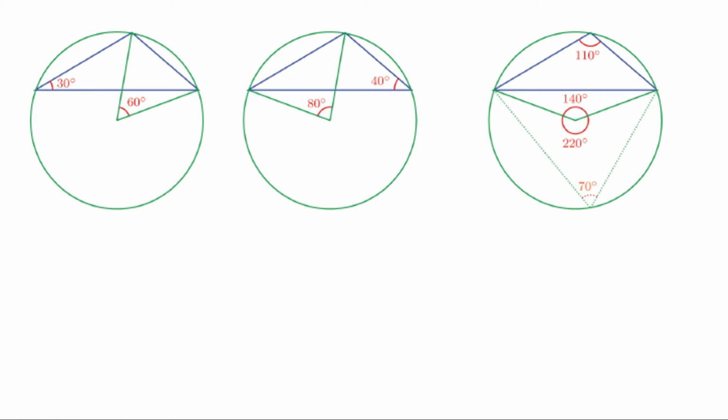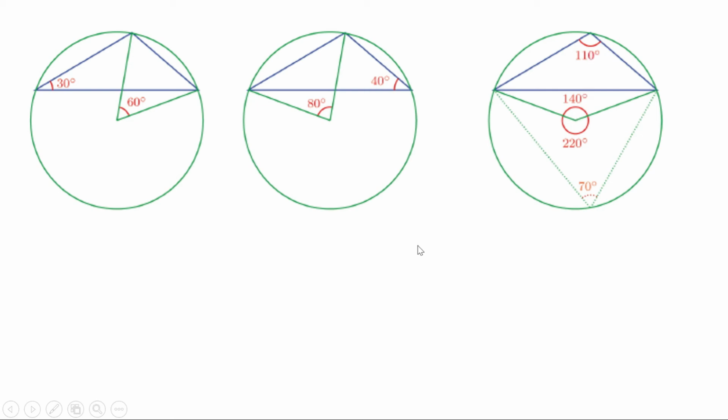When we find the length of the chord, we have to draw a perpendicular from center to this chord. Then this angle 140 degree is divided into two parts. Therefore, length of this chord is 2r sine 70 degree. That means when the angle is more than 90 degree, we have to take the supplementary angle of that angle.